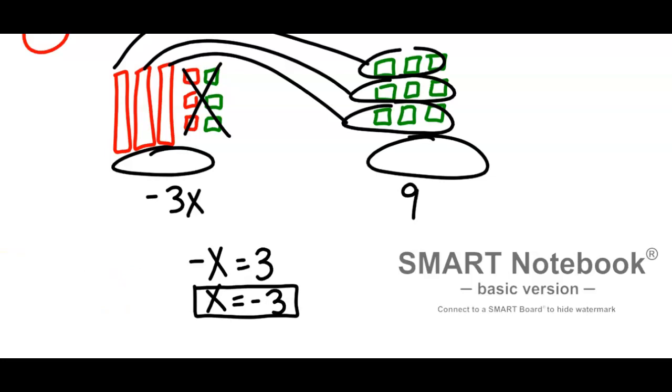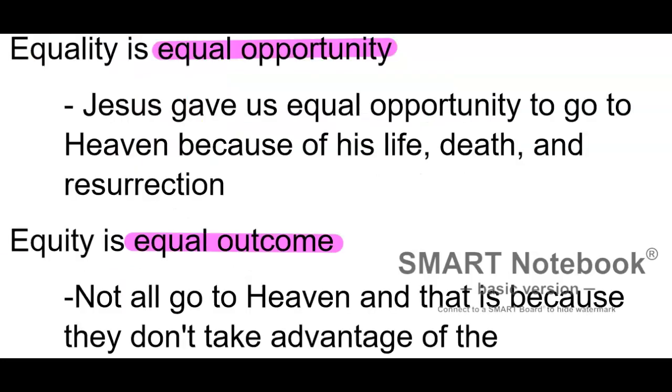So let's talk equality. So equality is an equal opportunity. In other words, Jesus gave us an equal opportunity to go to heaven because of his life, death, and resurrection. Equity, on the other hand, is an equal outcome.